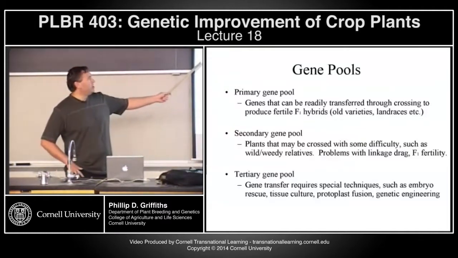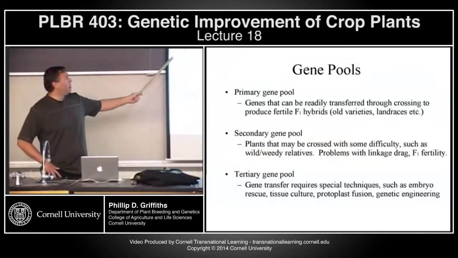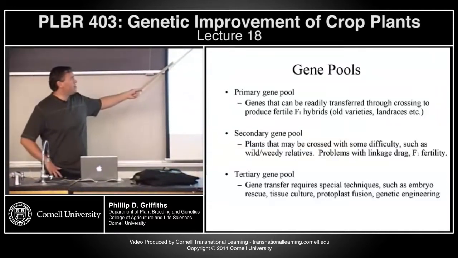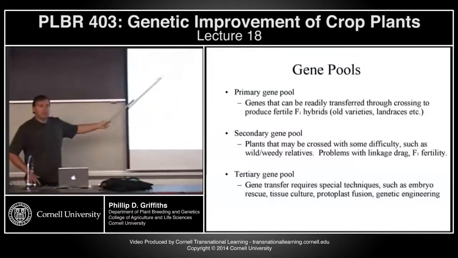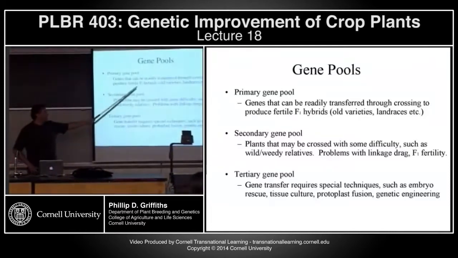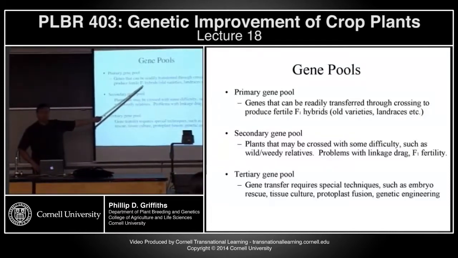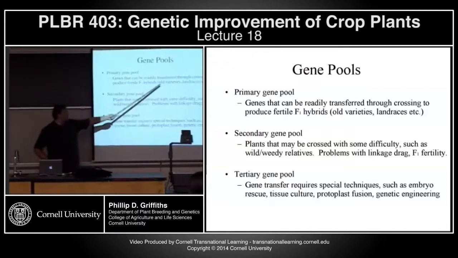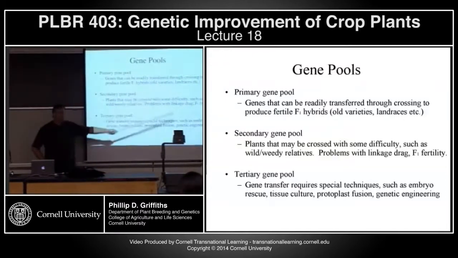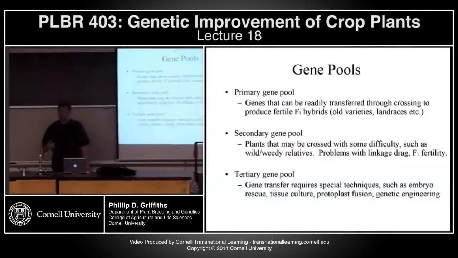So ideally, we want to find our trait of interest in the primary gene pool, which means a gene that can be readily transferred through crossing in the case of seeds. So for instance, older varieties or land races that may have something of interest.